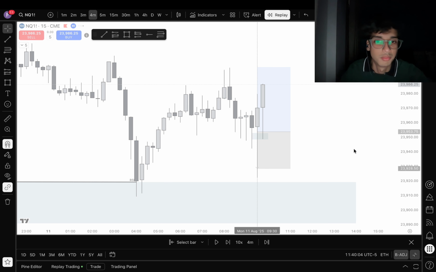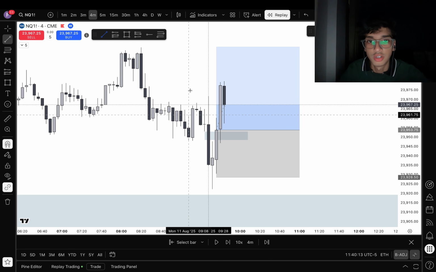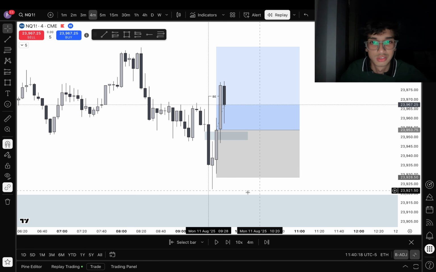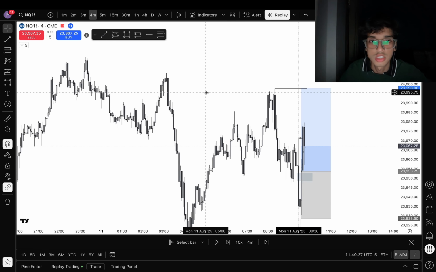Actually sucks. I missed another entry. If we were in the trade, guys, I would basically break even my trade right there. It sucks. And that would be my final target, just because that would be the Asia and London session highs.